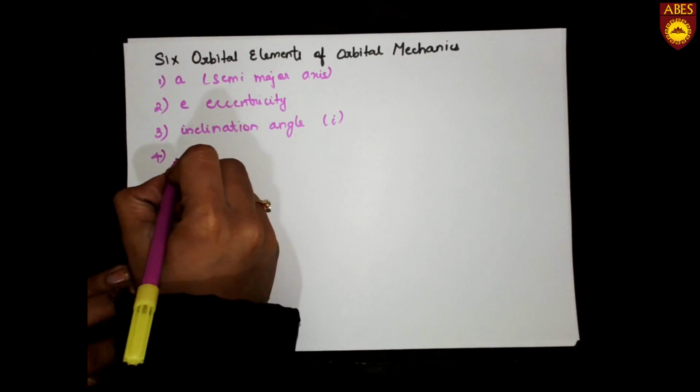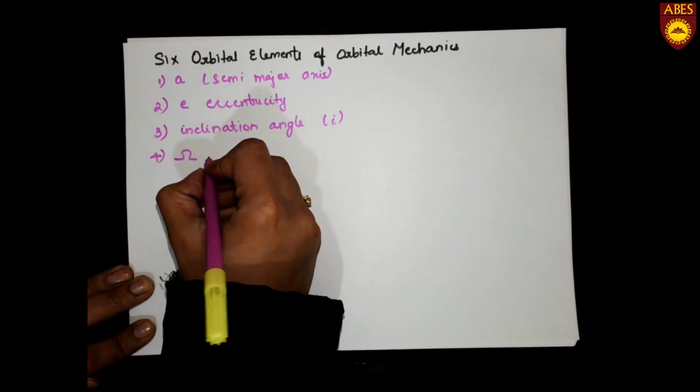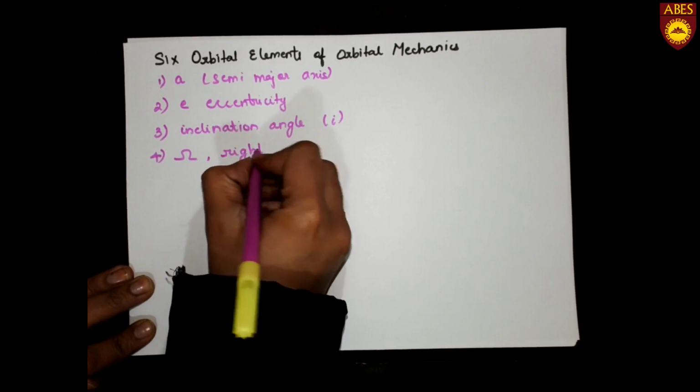The fourth element is capital omega. It is called the right ascension of ascending node.